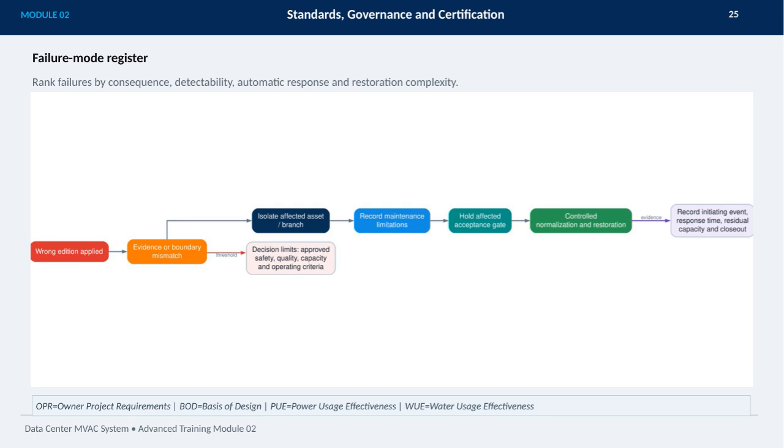Finally, operations procedures conflicting with design specifications pose serious risks, typically detected when certification actions are overdue, and the immediate response is to rely on safety and approved operating rules. Understanding and addressing these failure modes is vital for maintaining operational integrity and compliance in data centers. This methodical approach ensures we catch issues early and respond effectively, minimizing downtime and safety risks.